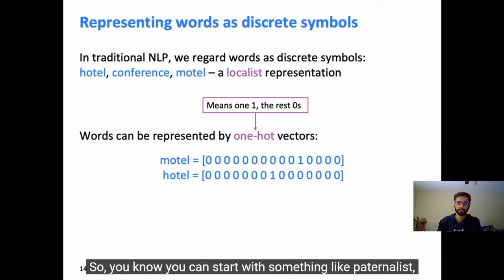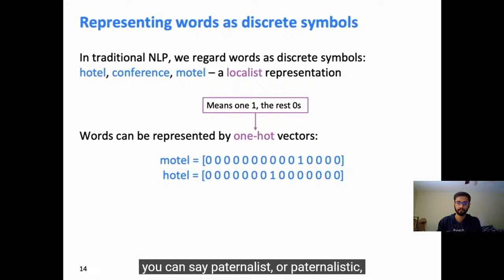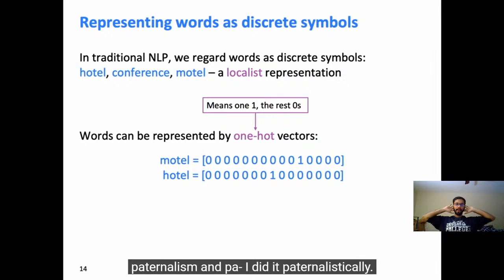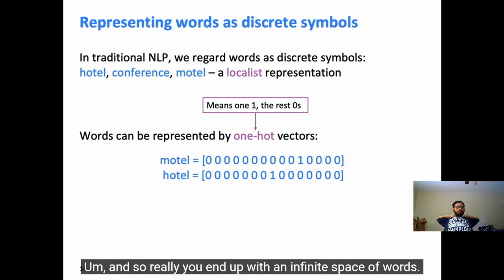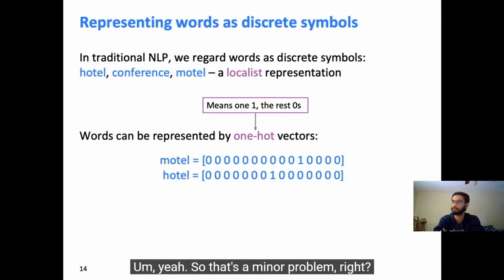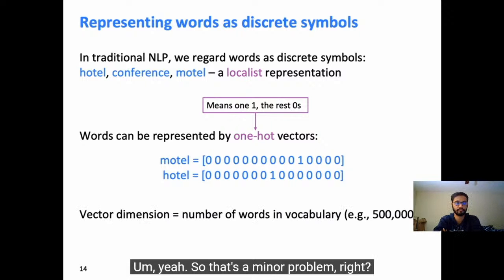You can start with paternal, as in fatherly, and then from paternal you can say paternalist or paternalistic or paternalism, and I did it paternalistically, right? There are all of these ways that you can make bigger words by adding more stuff in. And so really you end up with an infinite space of words. So that's a minor problem.